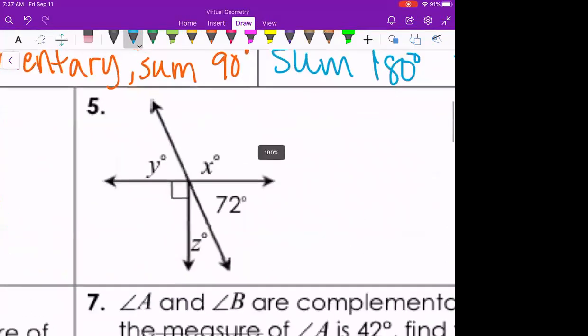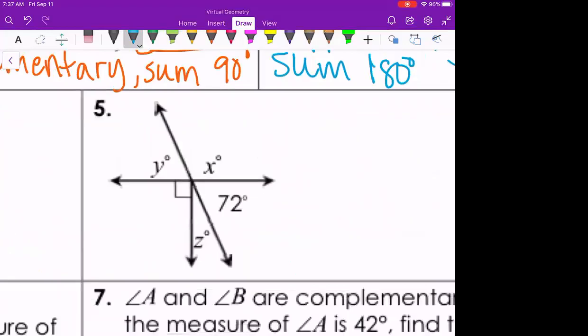All right, let's look at number 5. Step it up a little bit. All right, so I have a right angle happening here where my box is. So there's 90. Now, this one's a little different. Imagine that the line passing through the middle of this picture isn't there at the moment. Because what I know right now, if I look at this main line that I just colored in blue, this whole set together should make 90 degrees.